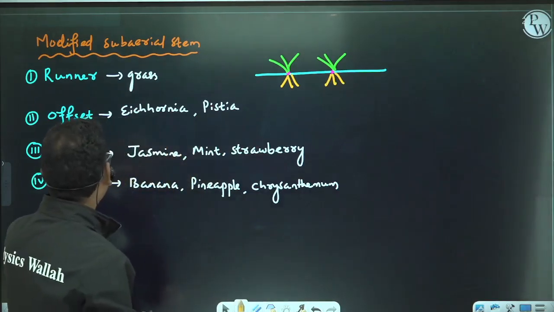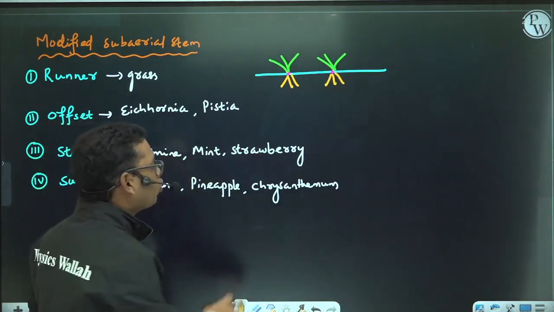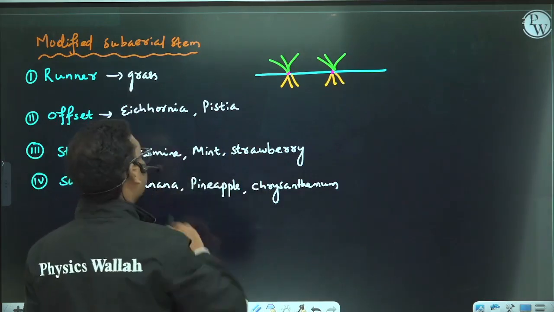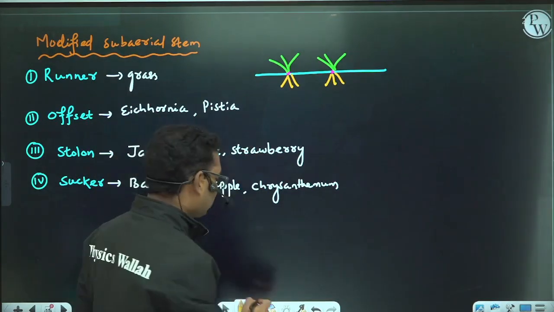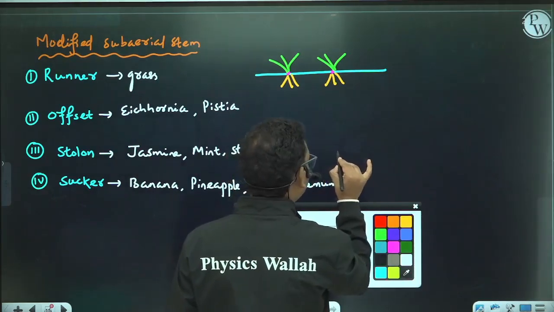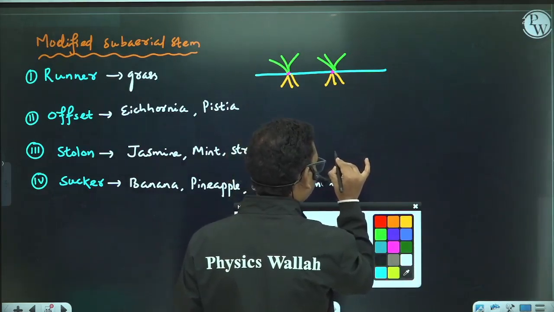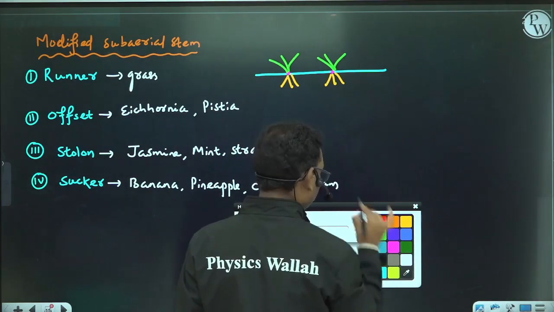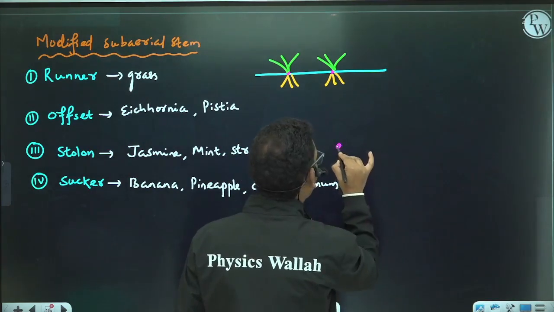What about the stolon then? Stolon is more or less similar to the runner, but there is a difference. Let me tell you. Suppose this is the stem, and this one is the node.